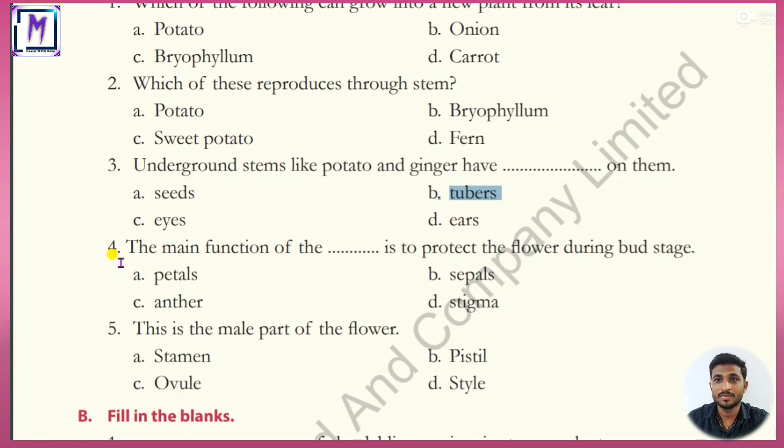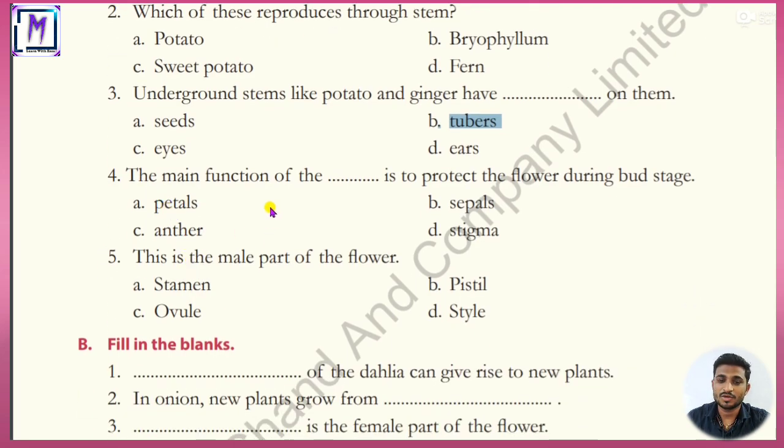Then fourth is: the main function of the blank is to protect the flower during bud stage. As we know, petals are here, and the function of the petal is to attract insects towards the flower. Then next is anther. The anther's function is holding the pollen grains inside it.